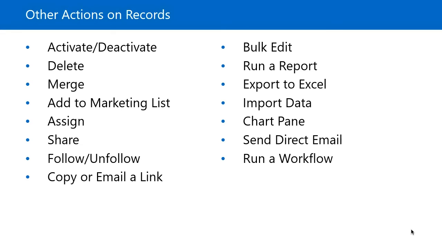For example, Contoso wants the new owner of a record to be notified by using an email message when a record is assigned to that new owner. This is achieved by creating a workflow. A workflow is an automated process that runs behind the scenes without the user having to interact with it.